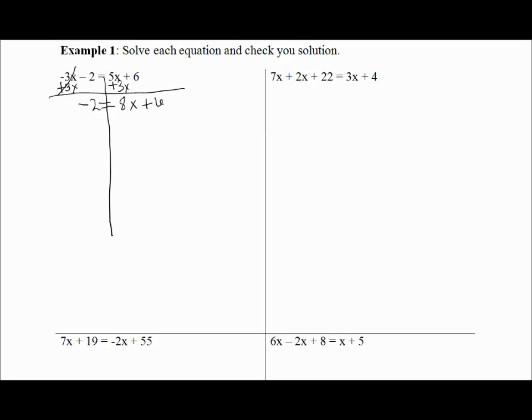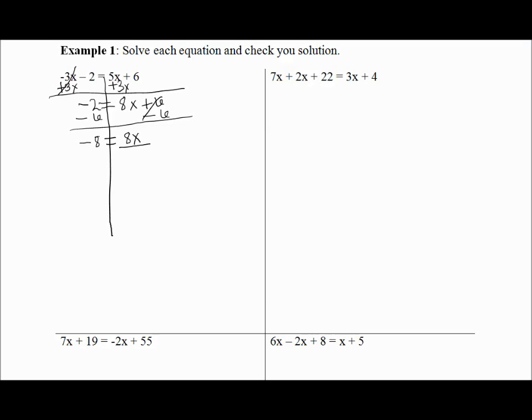Now I know I need to get rid of this plus 6, so I do the opposite. I want a minus 6. Negative 2 minus 6 will give me a negative 8. Bring down the equal sign, bring down my 8x. 6's cancel out. And I'm left with negative 8 is equal to 8x.